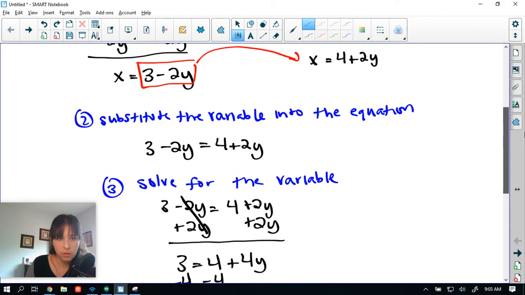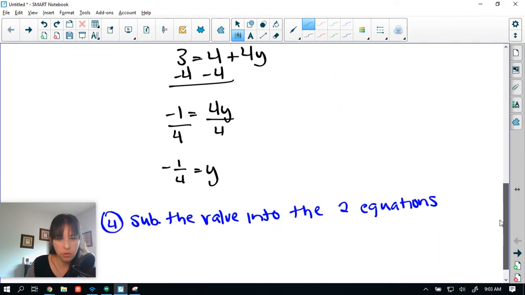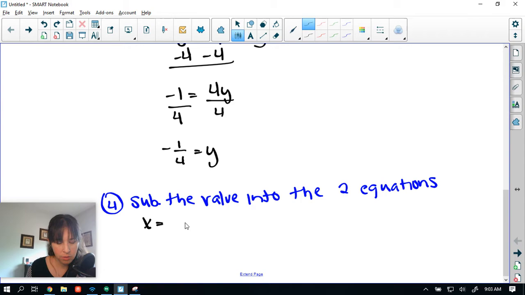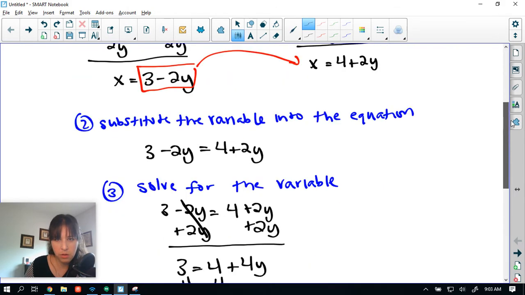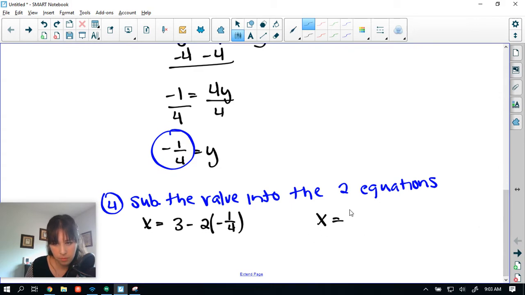All right, so the first one is x equals 3 minus 2y. And I'm going to substitute y, so y now is negative 1/4. So I'm going to substitute that into this equation. And then the other equation is x equals 4 plus 2y, and again, this is negative 1/4.